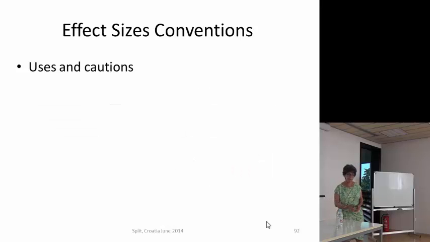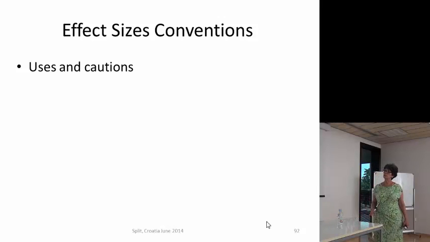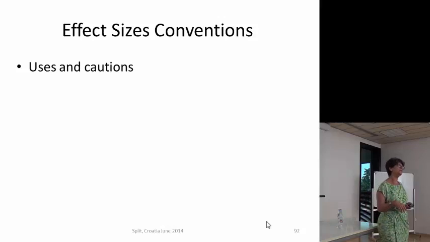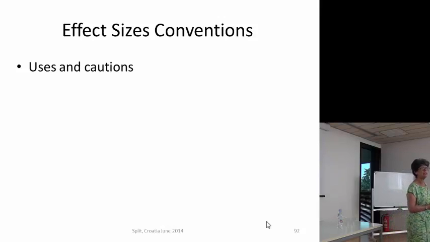Okay. I want to say a little bit about effect size conventions. Jacob Cohen, famous social science statistician who essentially was the father of power analysis, was trying to get people to move away from statistical significance testing and to focus more on effect sizes.